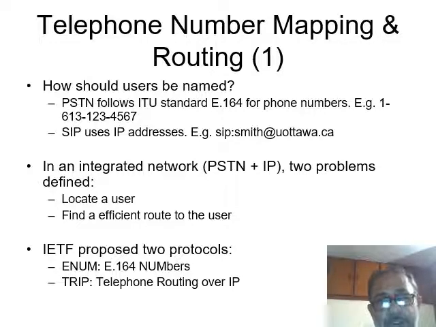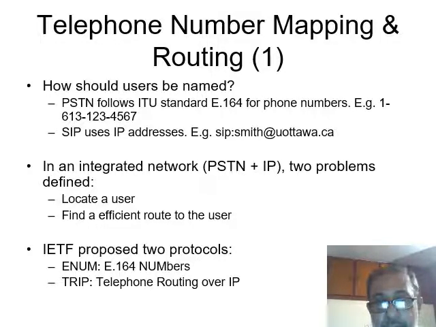For example, PTA in Pakistan allocates a certain block, and that block is called the E.164 standard block. But SIP uses its own addresses, which are like sip.smith@uottawa.ca. This is an example, but it maps the two numbers also.